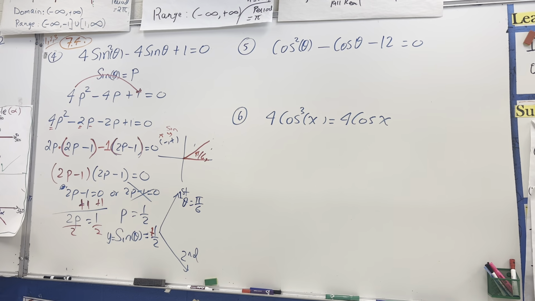There are 1, 2, 3, 4, 5, 6, 7, 8, 9, 10, 11, 12 30s, right? So the right way to do it is, this is pi by 6, then 2 pi by 6, 3 pi by 6, 4 pi by 6, and then 5 pi by 6. So we'll use 5 pi by 6. So one of the angles is pi by 6, and the other one is 5 pi by 6.